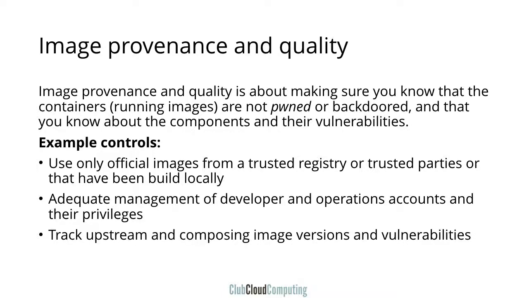You'll also need some kind of tooling or process at least to make sure that, whatever it is that you're depending on, the upstream versions of stuff, you know about it. And as you implement this, you may also want to scan images for vulnerabilities, because there will be vulnerable code sooner or later in your application.